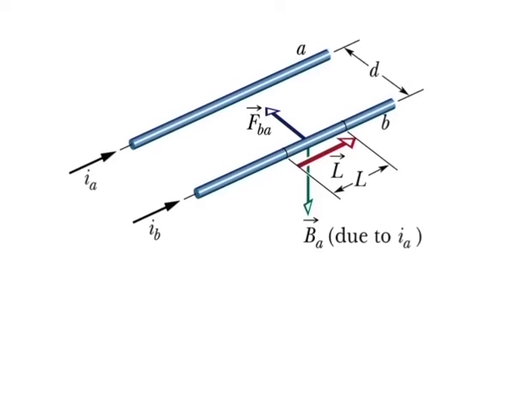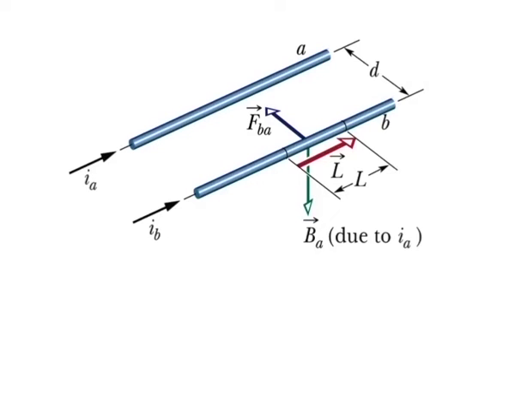We seek first the force on wire B due to the current in wire A. That current produces a magnetic field, and it is this magnetic field that actually causes the force we seek. To find the force, then, we need the magnitude and direction of the field at the site of wire B.